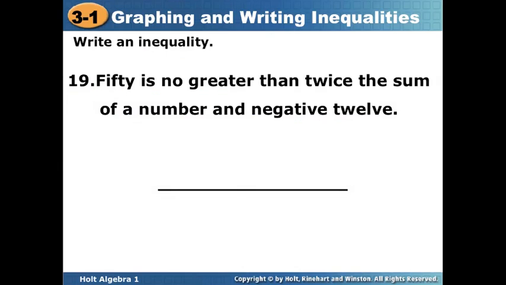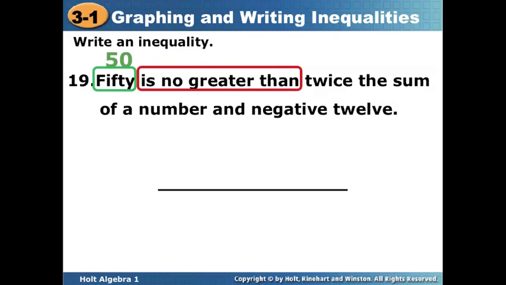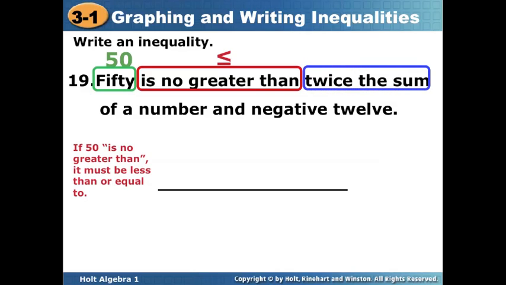Example number 19. We have 50 is no greater than twice the sum of a number and negative 12. 50 is the numerical value 50. Is no greater than. Be careful with this one. If 50 is no greater than, it must be less than or equal to. 50 is no greater than, so that's less than or equal to. Twice the sum. We talked about this when translating equations.